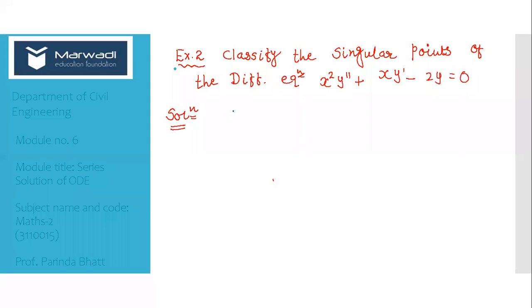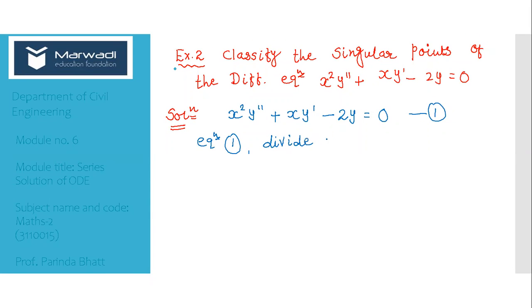Now, first we write this given differential equation: x squared y double dash plus x y dash minus 2y equals 0. This is our equation number 1. Now, divide equation number 1 by x squared.